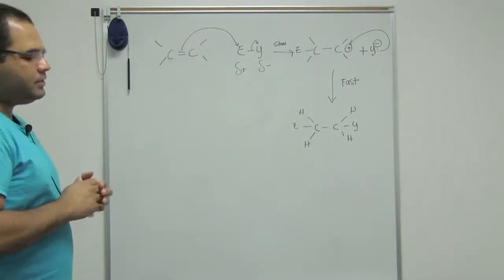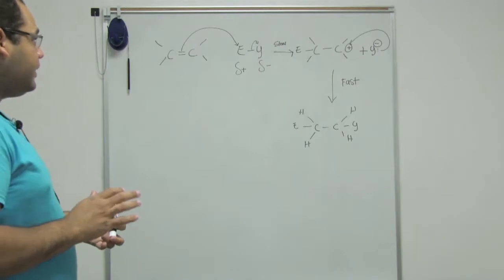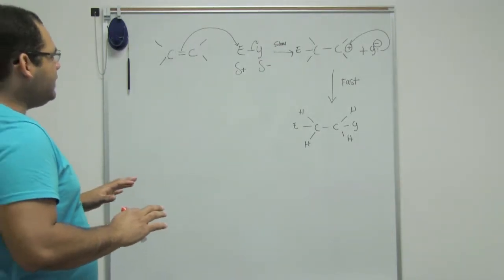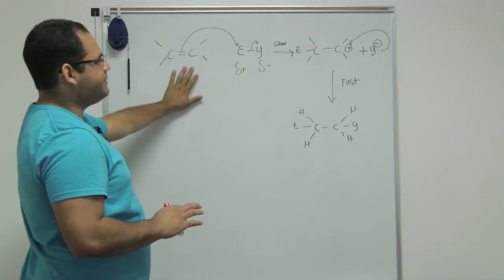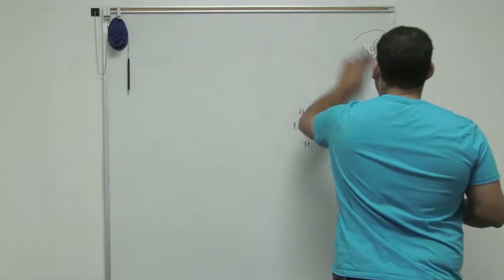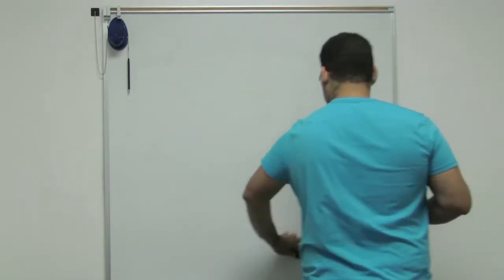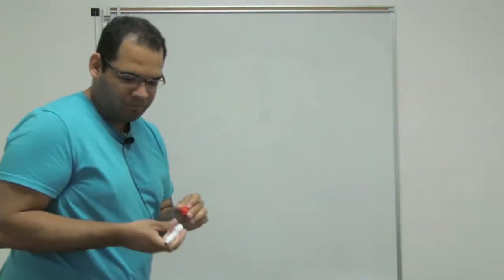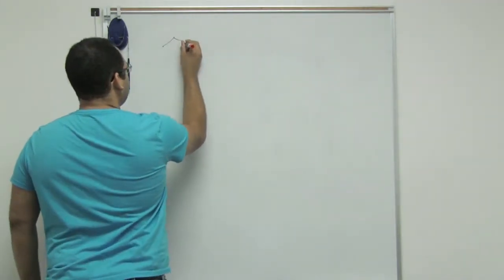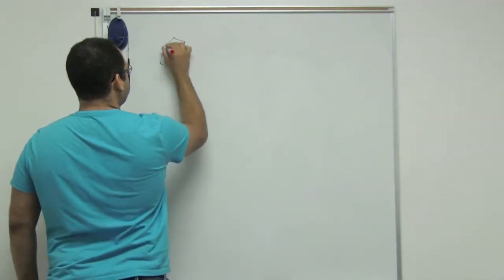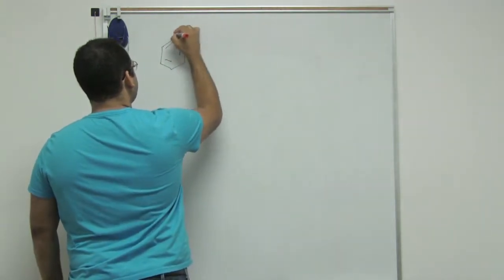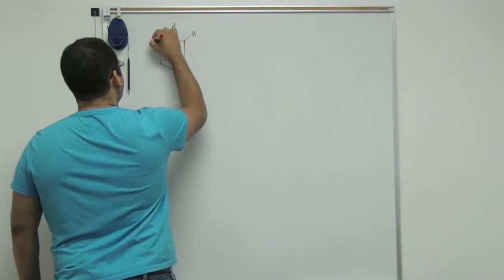When we're talking about an electrophilic aromatic substitution, it basically imitates this particular mechanism. So in an electrophilic aromatic substitution, we have a benzene ring, and we have hydrogens everywhere here, remember.